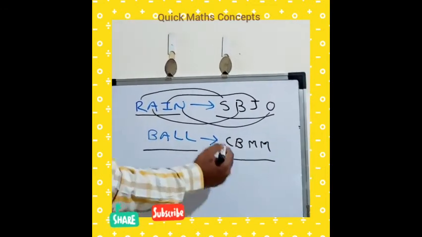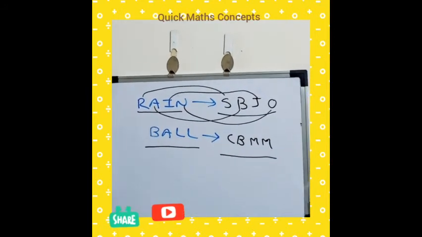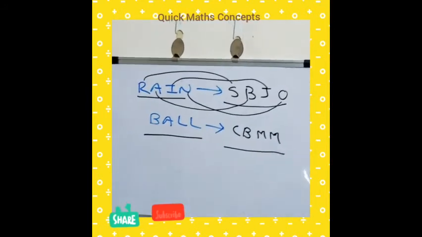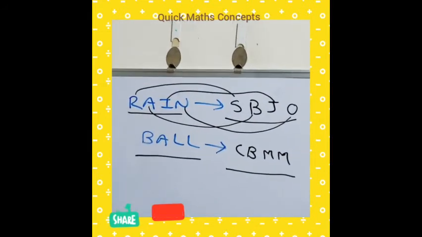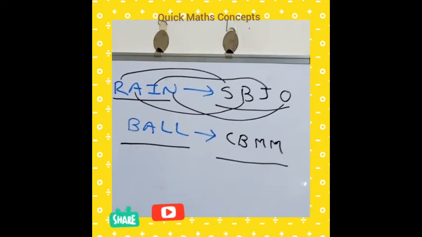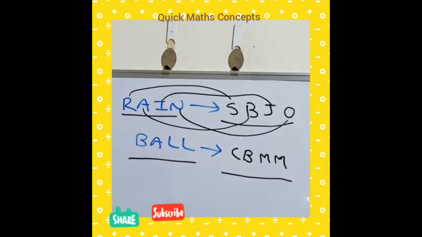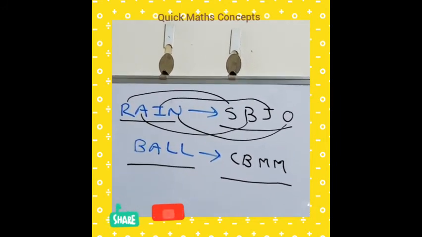Each successive letter after the given letter is written. That is the logic. In the exam, only the word will be given based on some logic. We need to understand the logic and apply it to write the code. The only thing is how we analyze the given words. That is important. Thank you all.